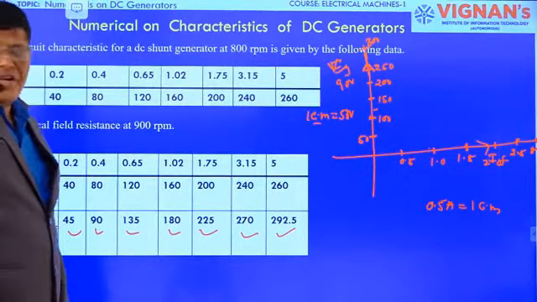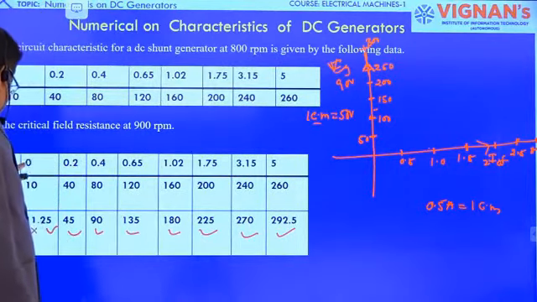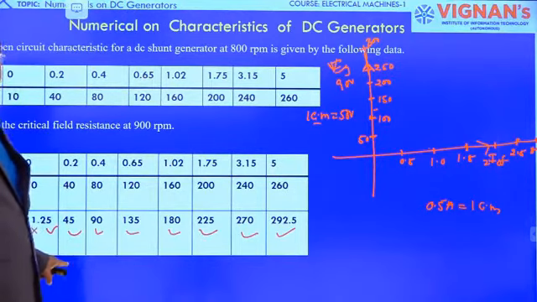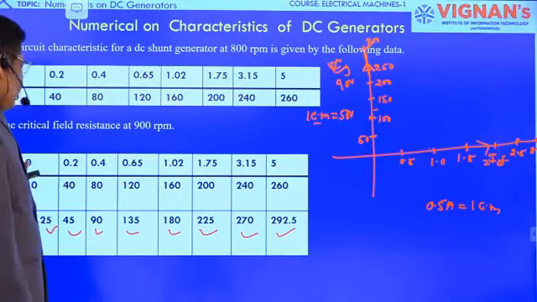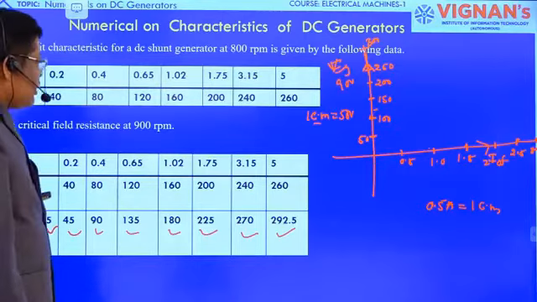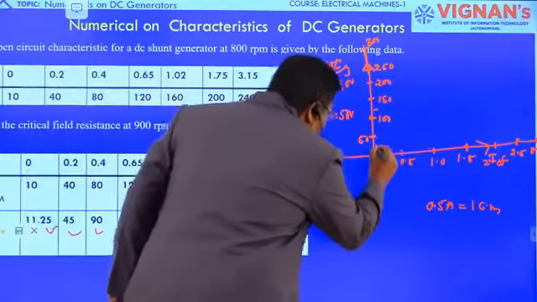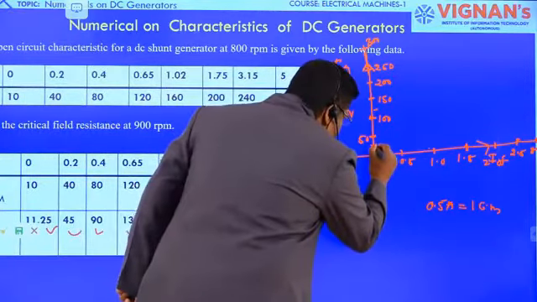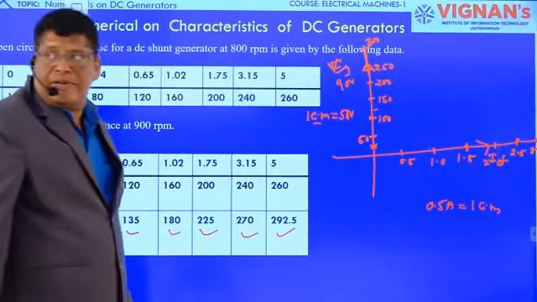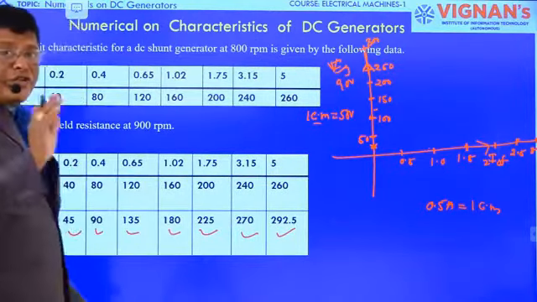Now corresponding to this field current and this voltage, you note down the points. If the field current is 0, the voltage is 11.25, so the first point is here. In the graph sheet you have to develop this.